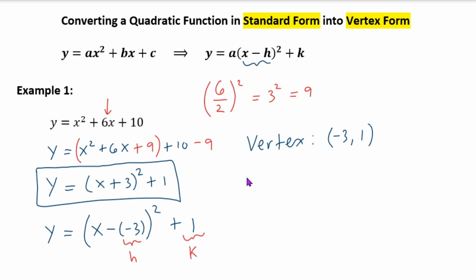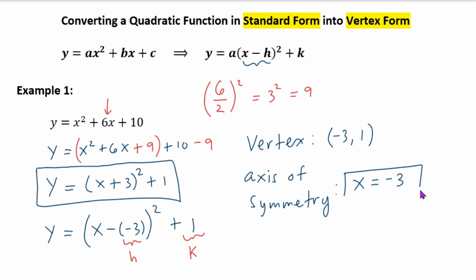So the axis of symmetry is just x equals the x-coordinate of the vertex, which is negative 3. So this is the equation of the axis of symmetry.